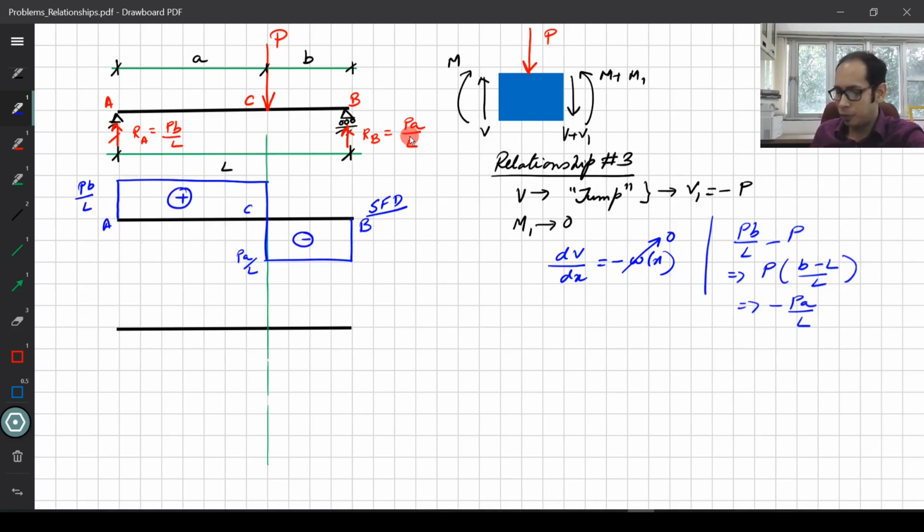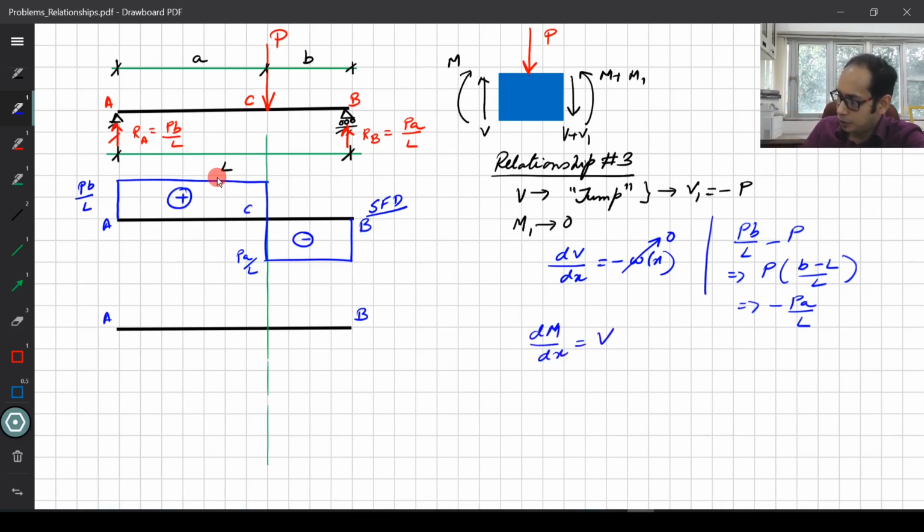And how is the bending moment diagram going to vary? Intuitively, I know that this is a pin and a roller, no externally applied moments over there. So I'm going to have at A and B, I'm going to have 0 bending moments. Now here at A the shear force is a constant, so that tells me, so let's just write that down, dM by dx equals V. This is relationship number 2.